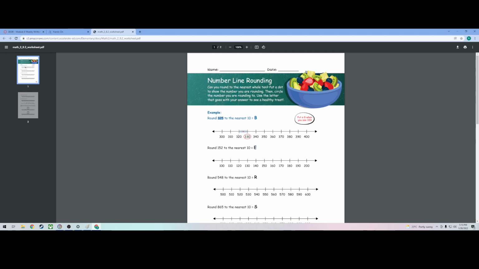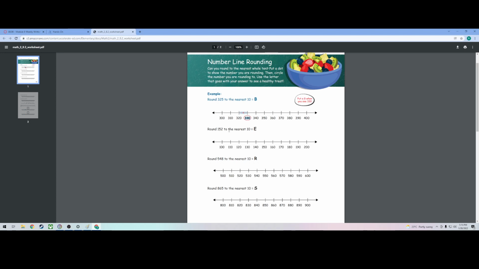It comes between 320 and 330. Look, in order to go from 320 to 330, I have to count the small blue lines: 1, 2, 3, 4, 5, 6, 7, 8, 9, 10. So you put a red dot where 325 should be, then I round it up. Why up? Because it is 25. So I round it to 330.